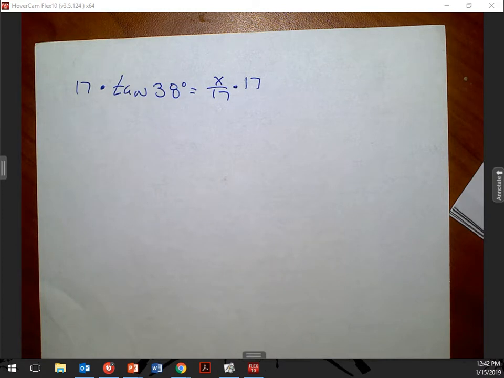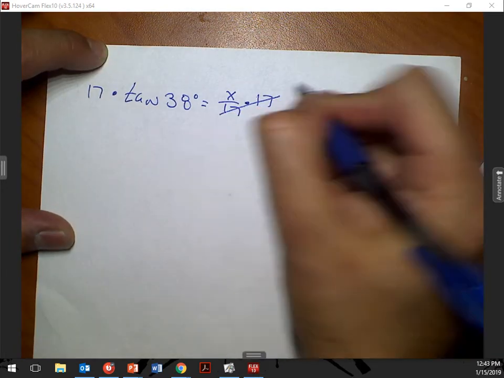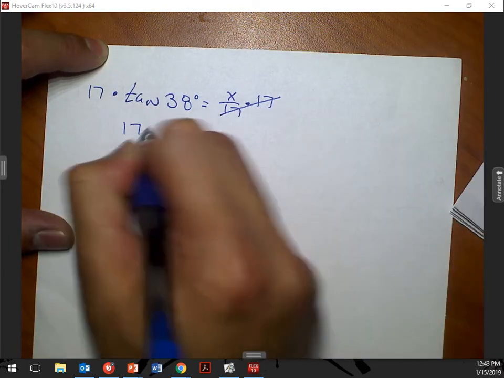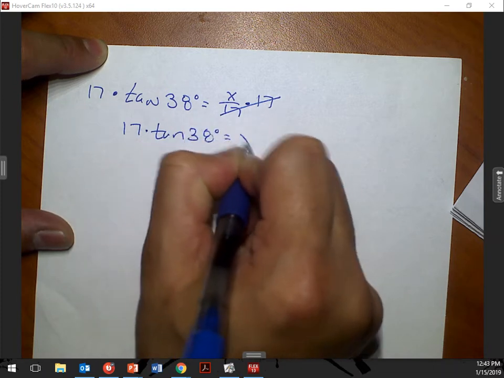If your variable's on the right-hand side, you're always going to multiply by the bottom number, whatever it is. So the 17s cancel, and now I have 17 times tangent 38 degrees is equal to x.